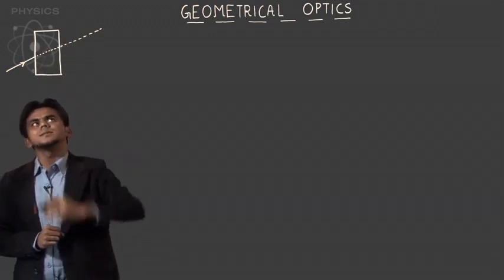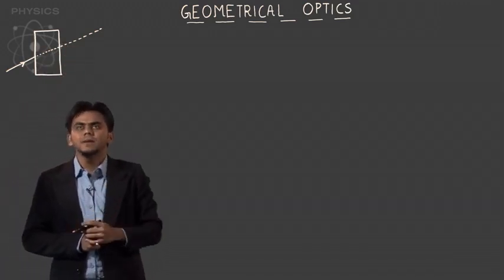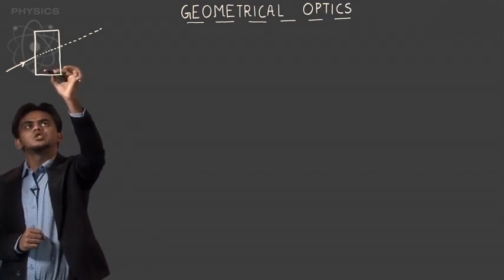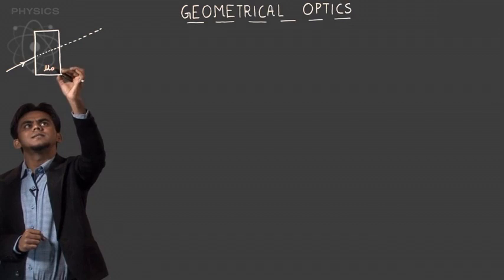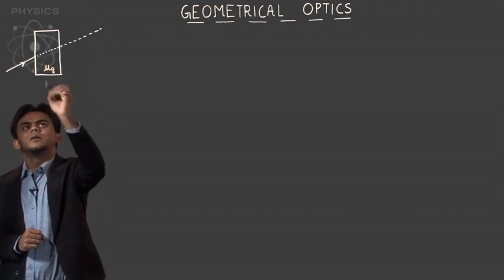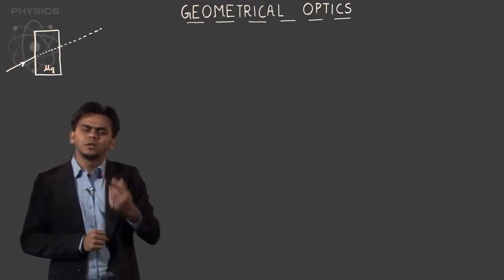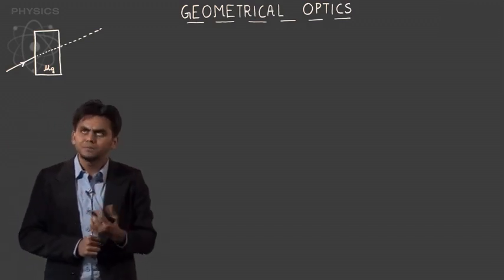two surfaces. And eventually, as this is glass, and naturally glass has a higher mu compared to the mu outside, which in our case, for simplicity, let's take vacuum.